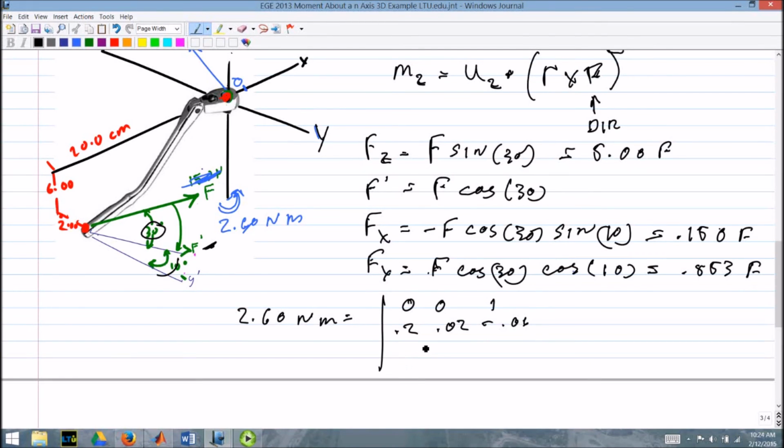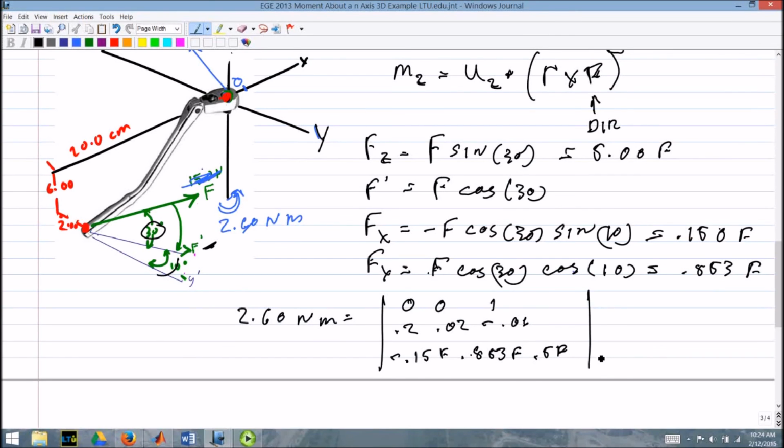And my F vector is negative 0.15 F, 0.853 F, and I know that's hard to read. My pen is getting kind of wonky on me here. And 0.5 F.